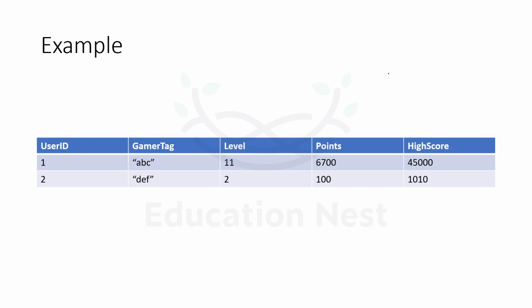The example of key value data is over here. You can say user ID is my key, and along with that we have multiple values associated, right? In the language of DynamoDB, each row is called an item and each column is called an attribute. So we can have multiple attributes and we can have multiple items as well.